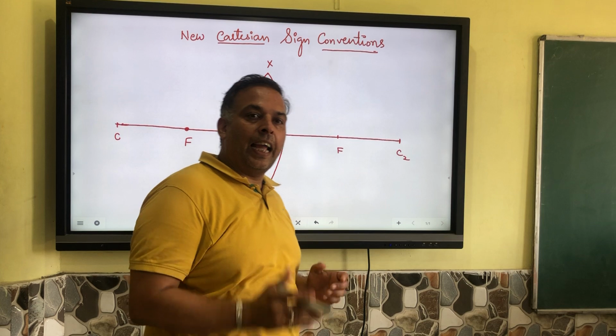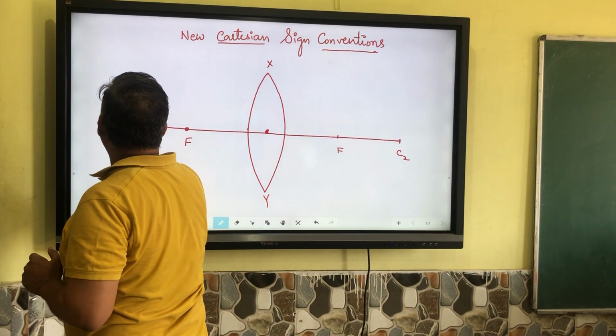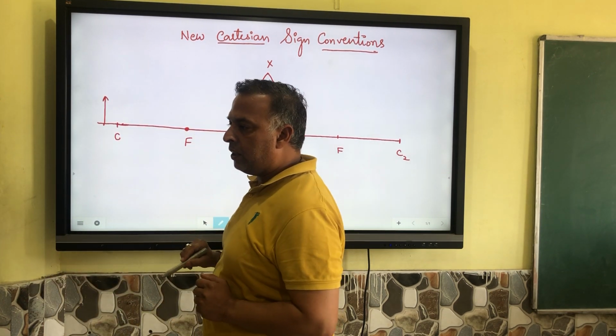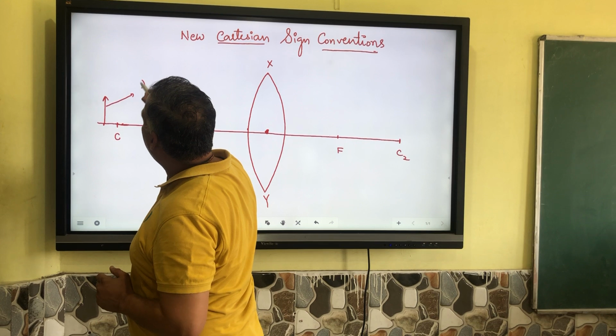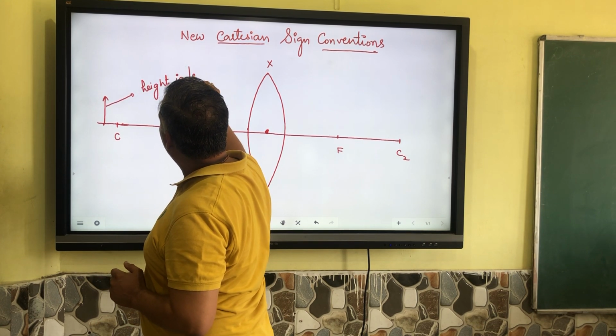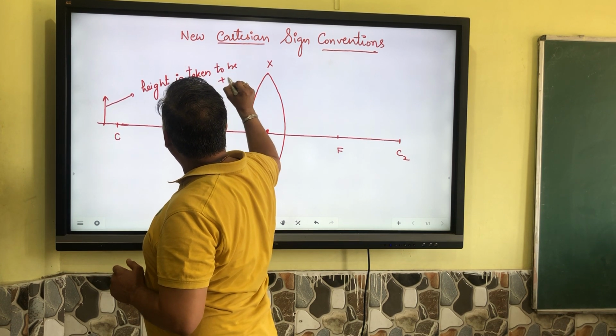Any object lying above the principal axis, if I am taking an object above the principal axis, its height is taken to be positive.